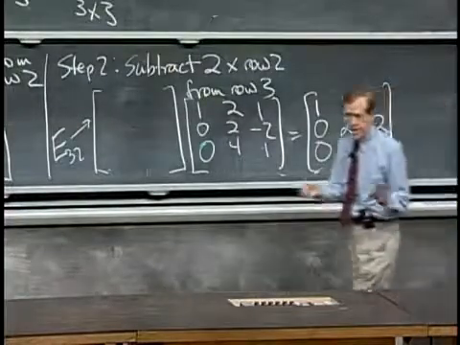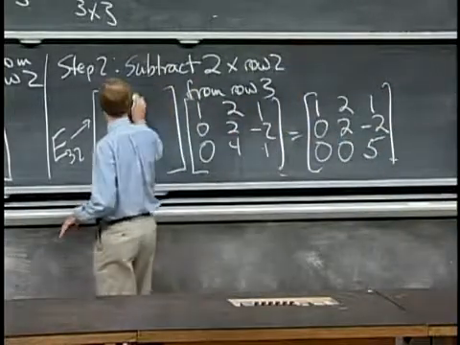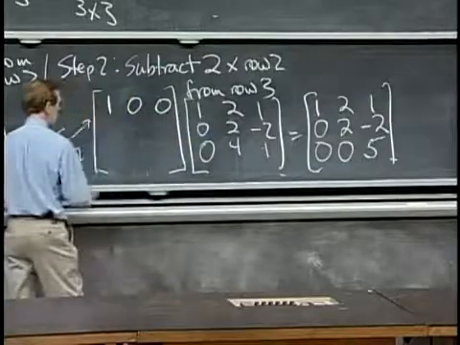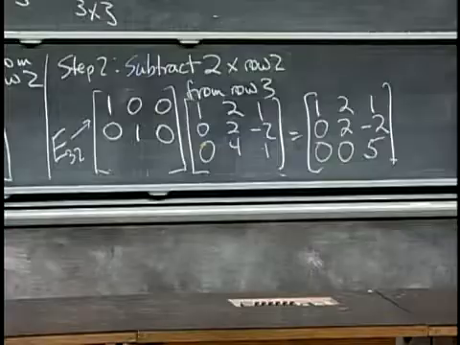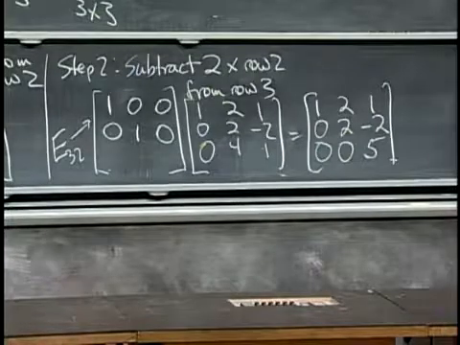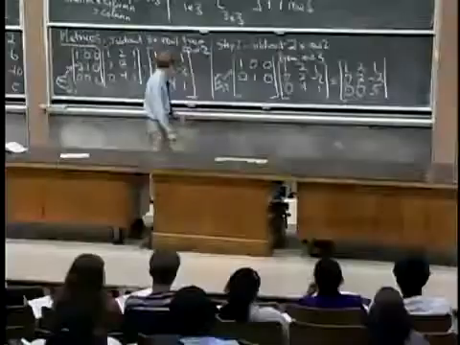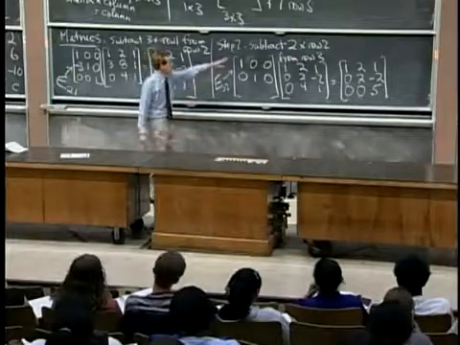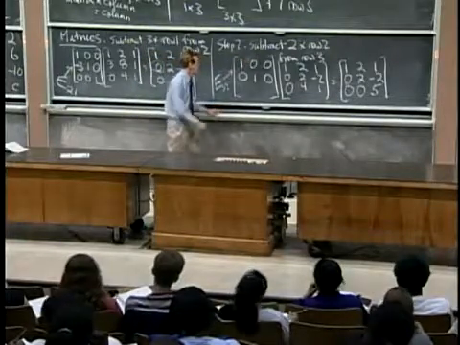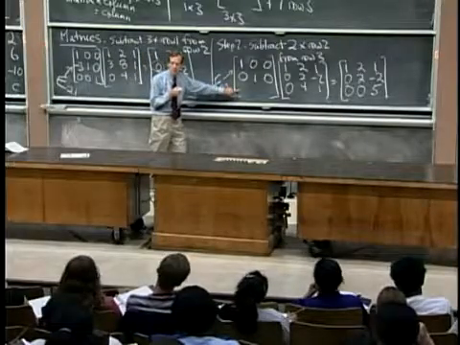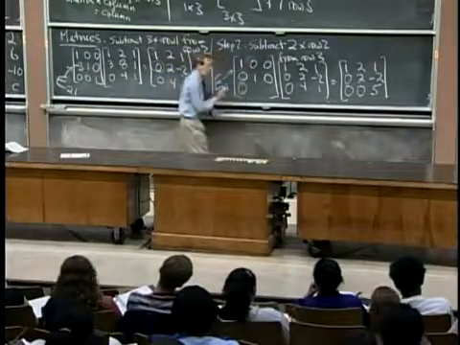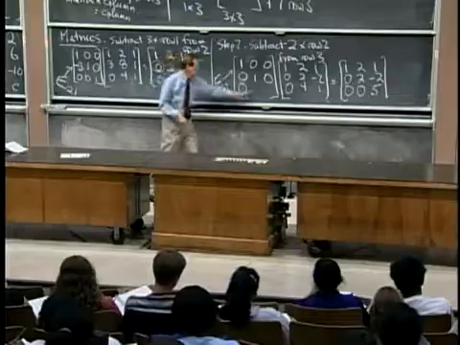1, 0, 0, right? Because we don't change the first row. And the next row we don't change either. And the last row is the one we do change. I subtract 2 times, so what's this row? 0, right? Because the first row is not involved.